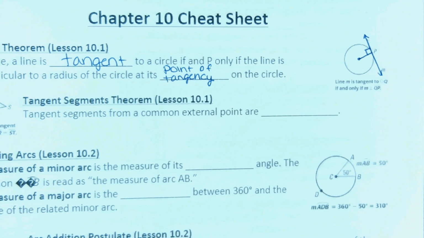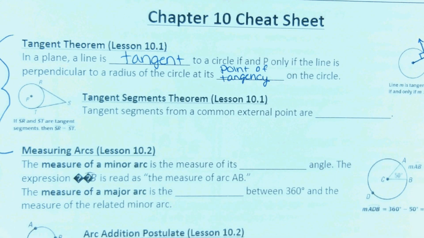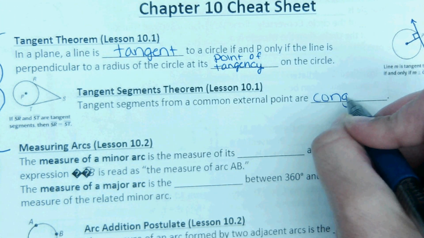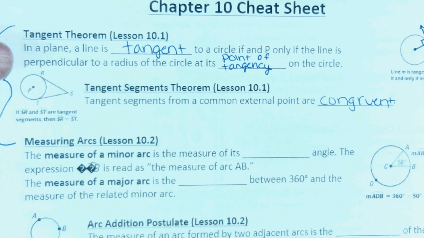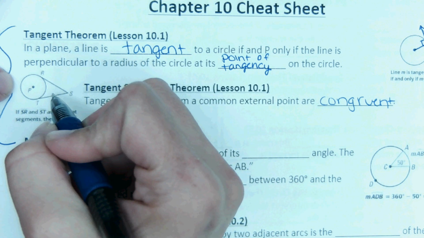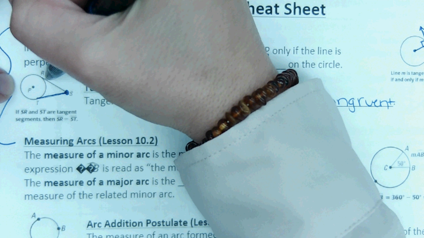And then the second theorem is tangent segments from a common external point are congruent. And what that means is in this diagram right here, you have this external point right here and two tangent lines.